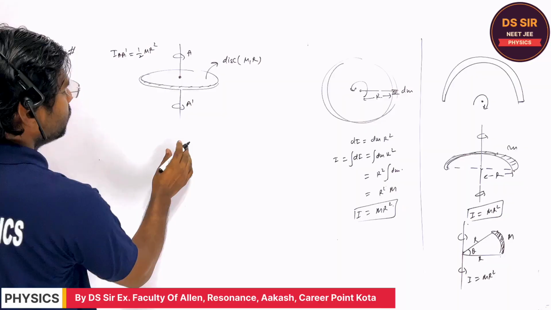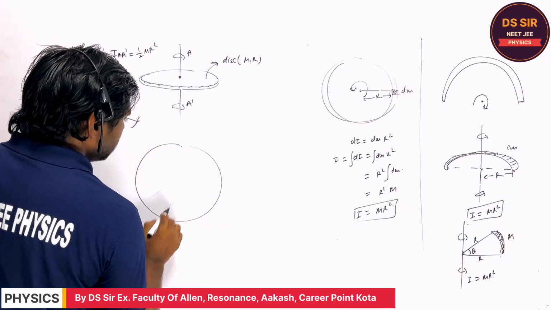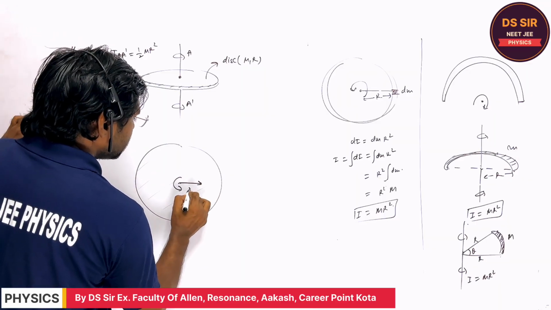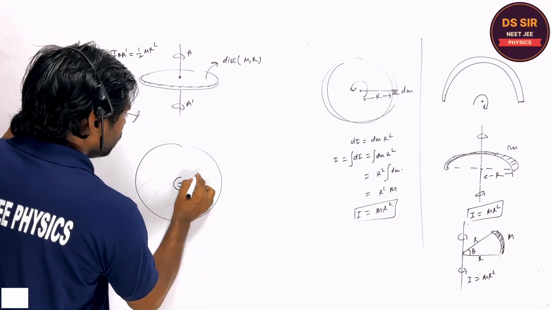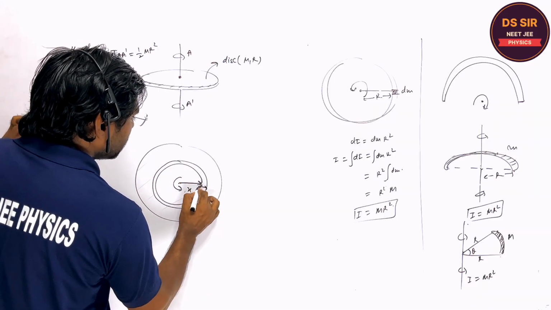Listen, this is the top view of the disk. To find the moment of inertia about this axis, what will you choose at distance x? You will choose an elemental ring of width dx.